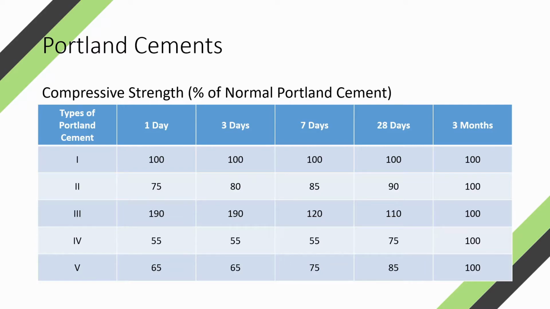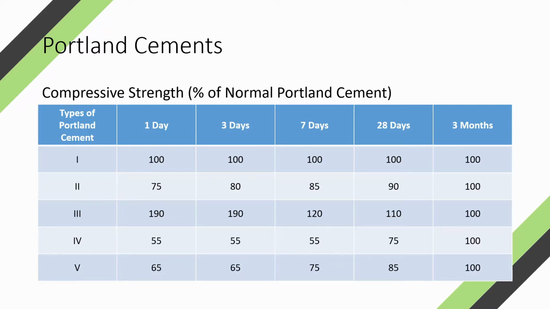If the temperature were not minimized, large cracks or flaws would appear. So, kailangan, ito yung low heat na cement natin, type 4. So, sa mga malalaking buhos, yung temperature rise is dapat controlled siya.